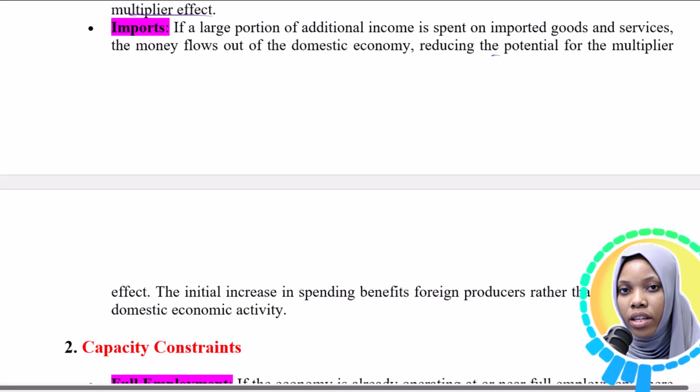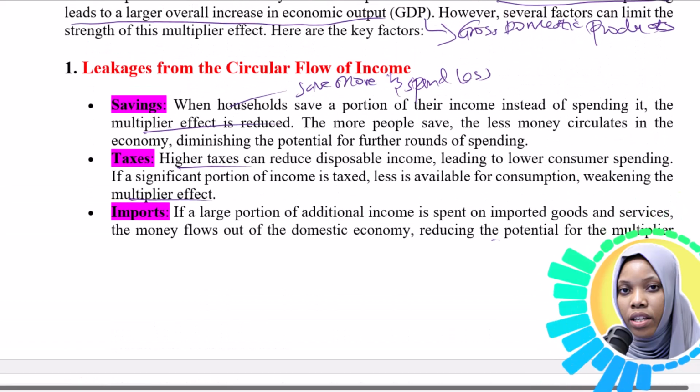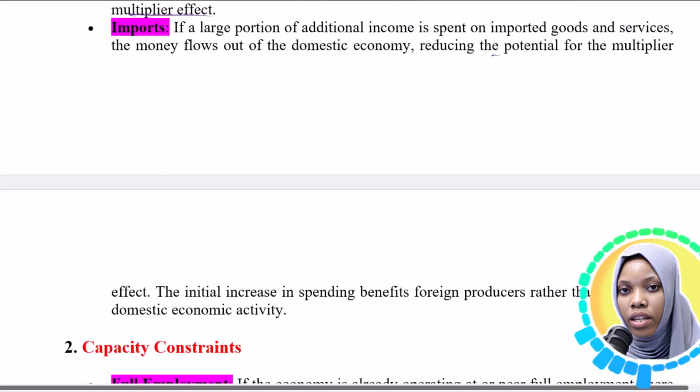The initial increase in spending benefits foreign producers rather than stimulating the economic activity. So if a larger portion of additional income is spent on imported goods and services, the money flows out of the domestic economy, reducing the potential of the multiplier.